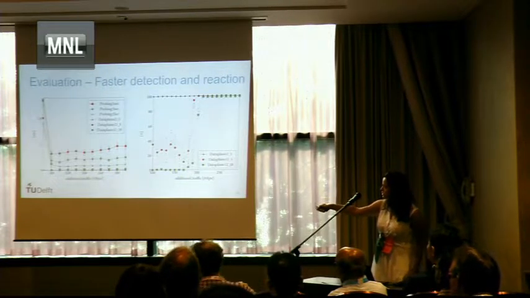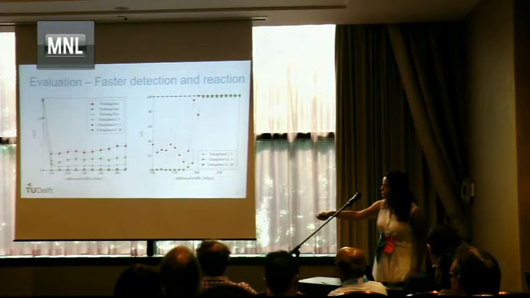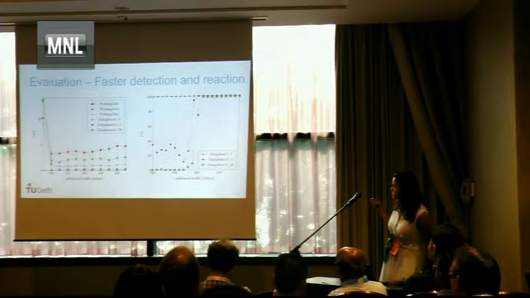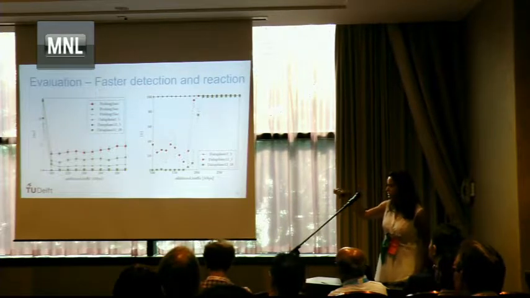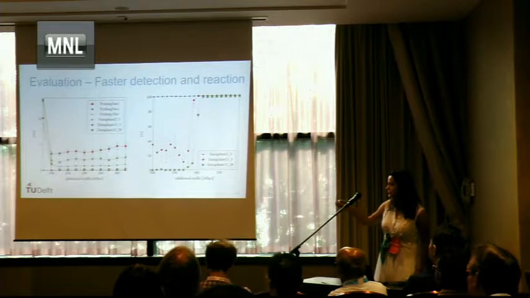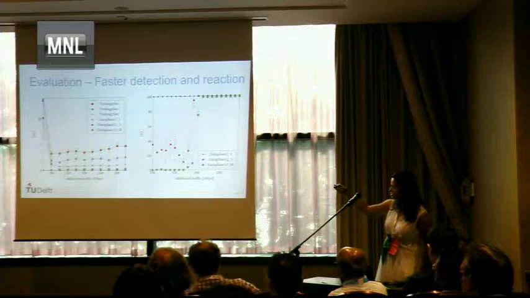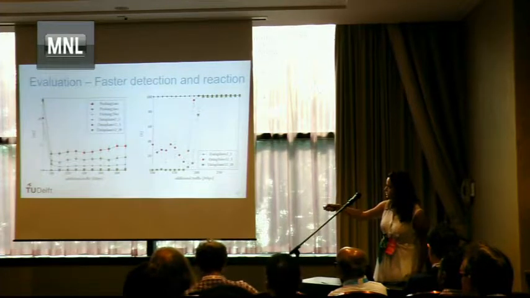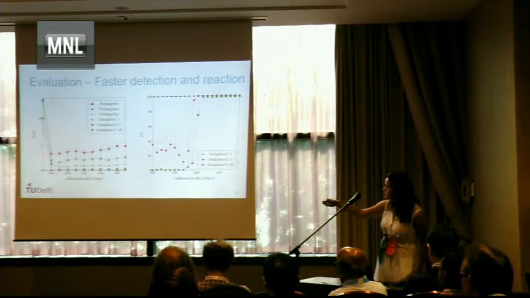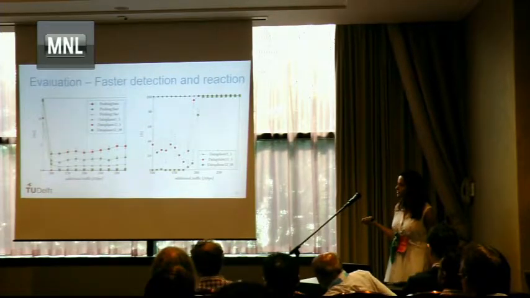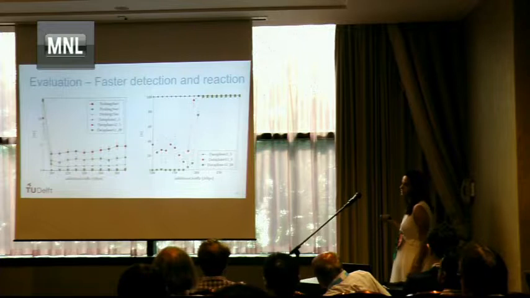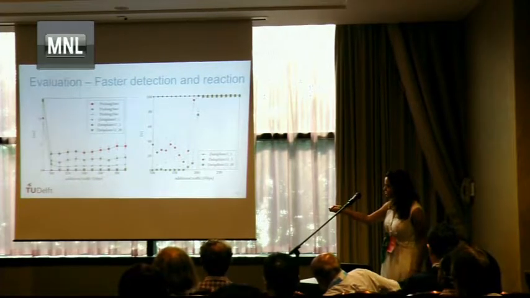And we can see how the detection time changed according to different additional traffic. Because it was Mininet, we configured the maximum throughput of the output links to around 200. So we can see that the data plane approaches have the lowest detection time, because they were able to detect it immediately in the data plane and switch.